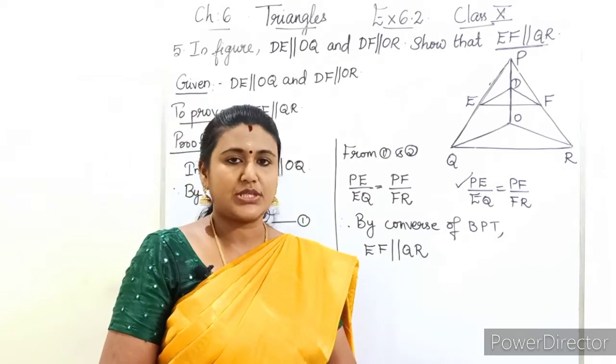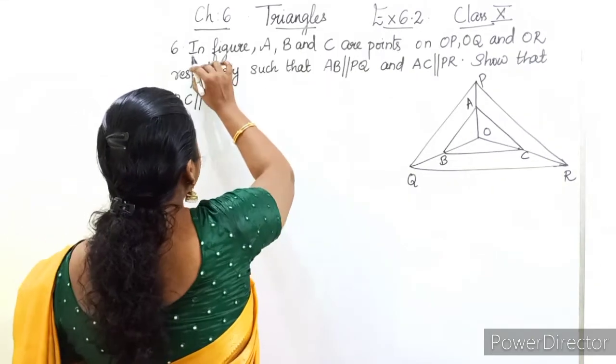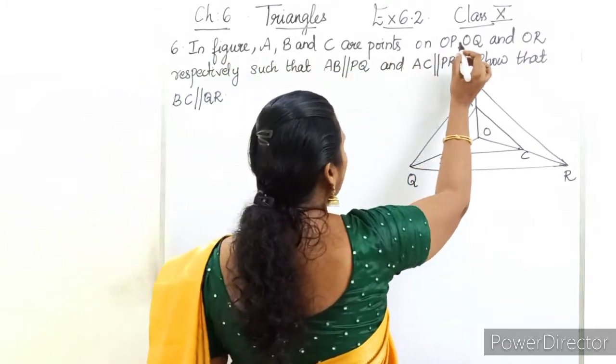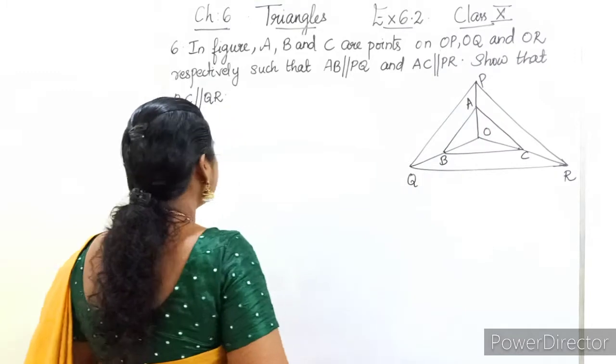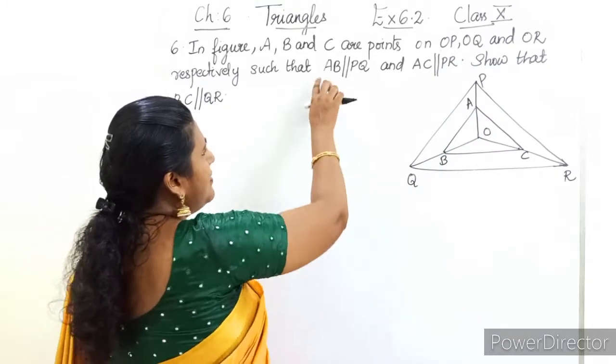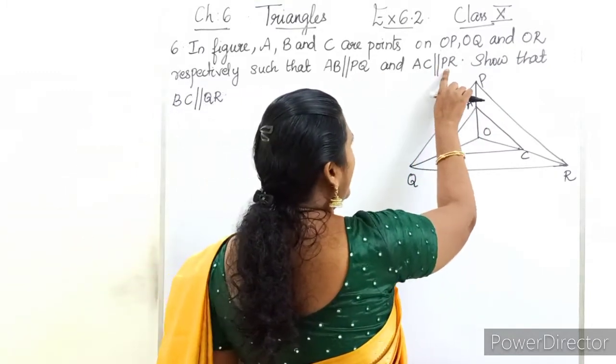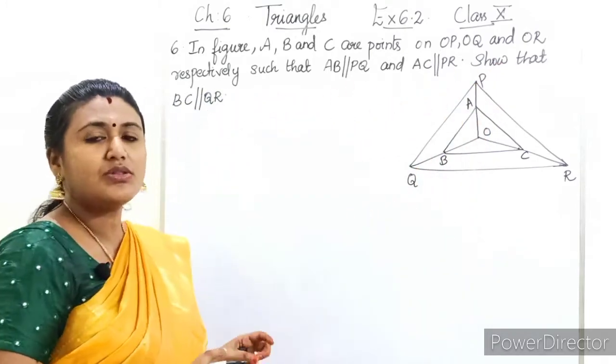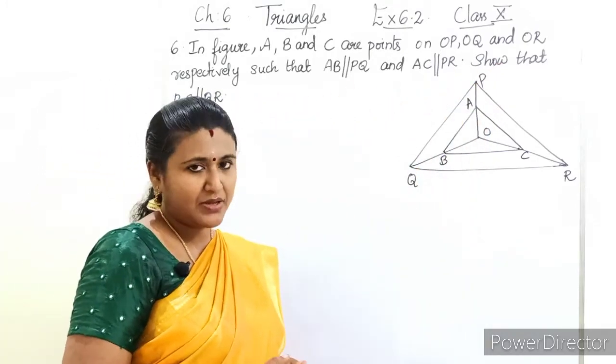Now next question. Question number 6. In figure, A, B and C are points on OP, OQ and OR respectively, such that AB is parallel to PQ, AC is parallel to PR, show that BC is parallel to QR. So this question is also similar to the previous one.